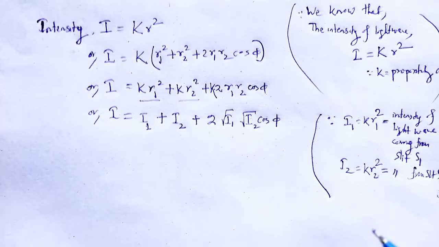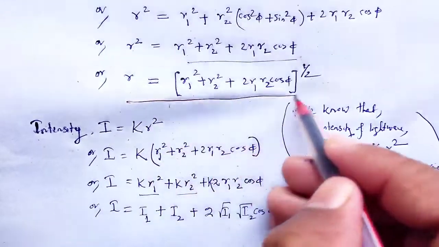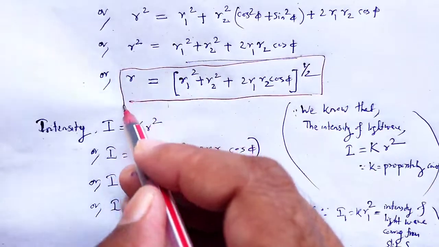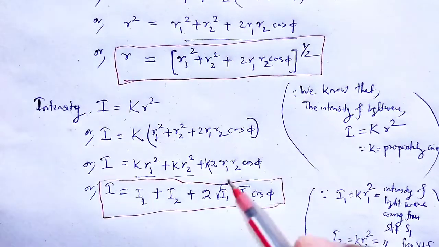Here we have the resultant amplitude and the intensity of the light wave.